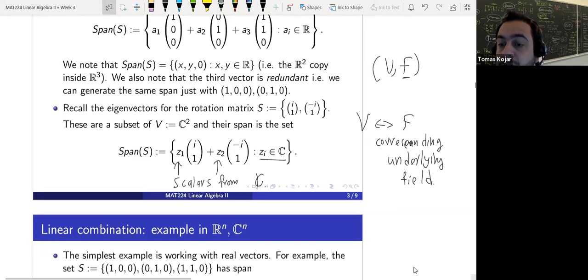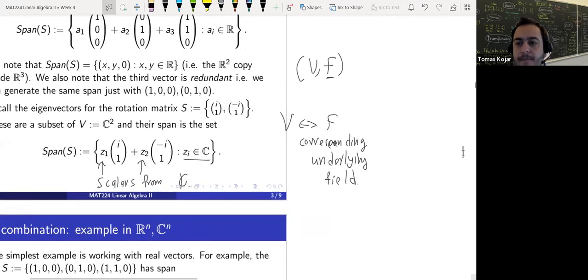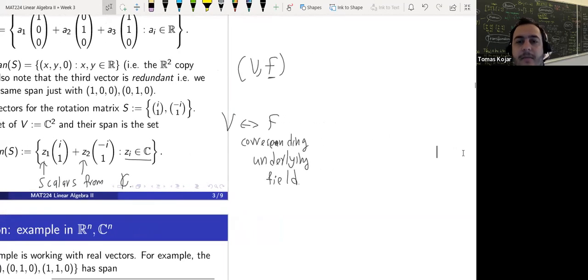In a question when they don't explicitly mention a field, you will have to show me some example, but it's always part of it. You can't even write down, for example, scalar multiplication without it.